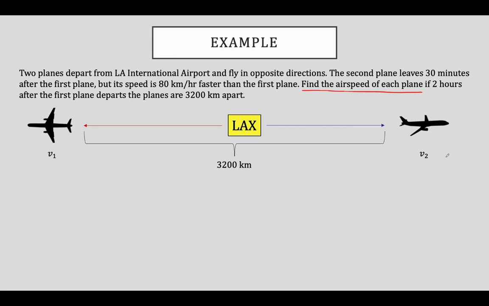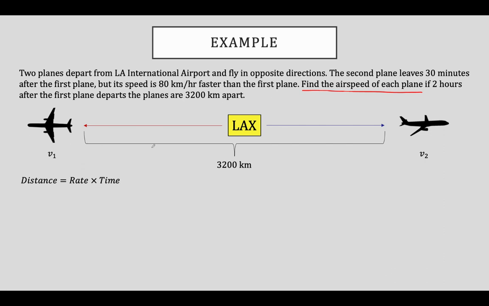Well, let's think about coming up with some equations. We are dealing with speeds, we are dealing with times, and we are dealing with distances. Is there a relationship between distance, speed, and time? Hopefully you guys know distance is equal to rate times time. The distance that an object travels is equal to the rate at which it travels times the time that it has been traveling for.